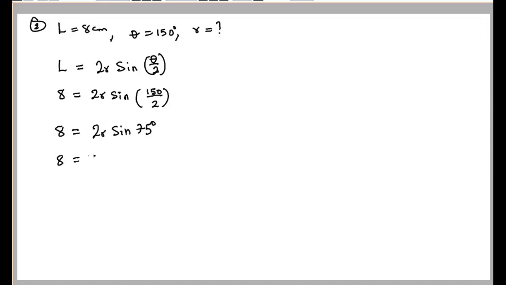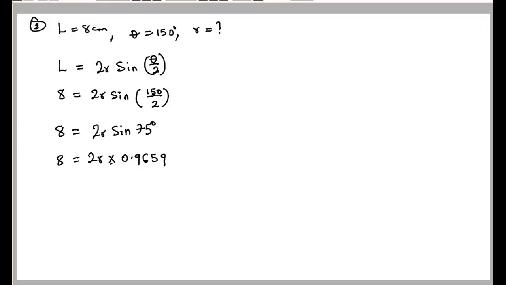What is sine 75? Sine 75 is 0.9659. Yes, sine 75 is 0.9659.